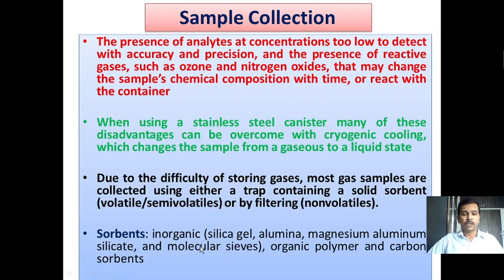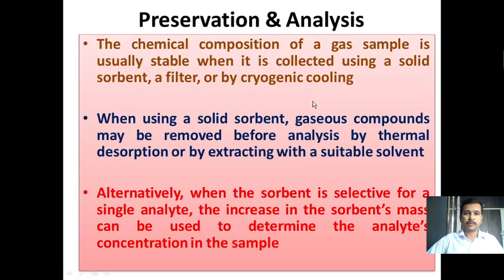So inorganic sorbents are silica gel, alumina, magnesium aluminum silicate and molecular sieves. And for organic polymers, we can use polymethacrylate, and carbon sorbents such as charcoal can also be used. They are used for trapping polar as well as non-polar species present in the atmospheric components.